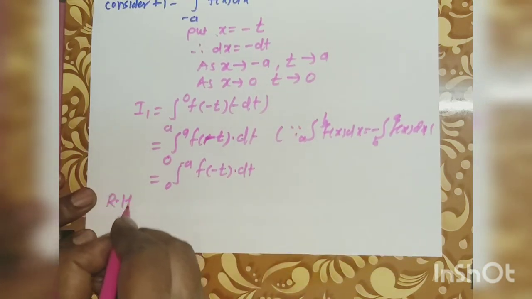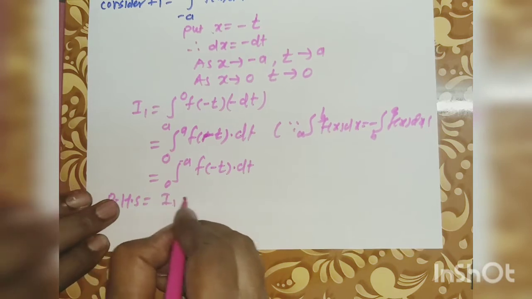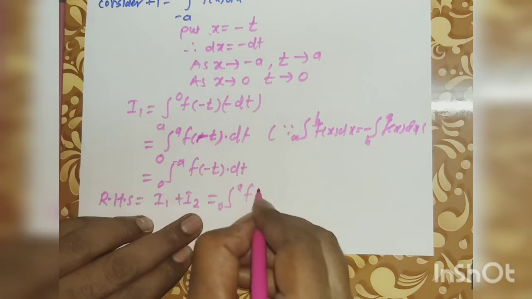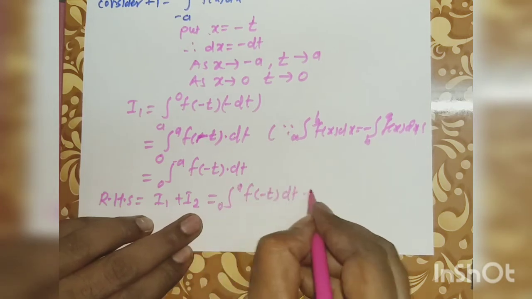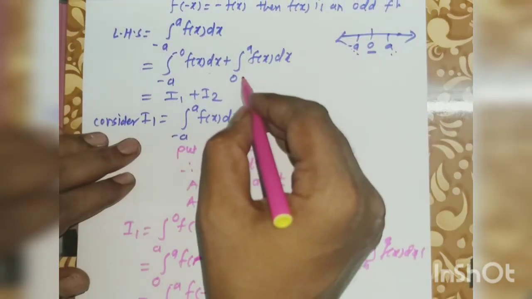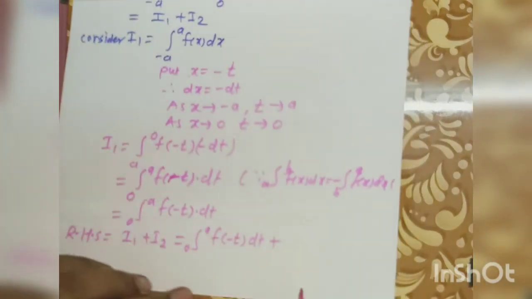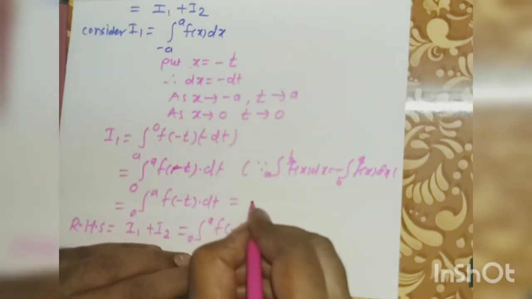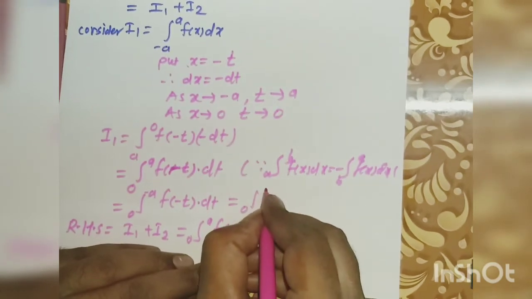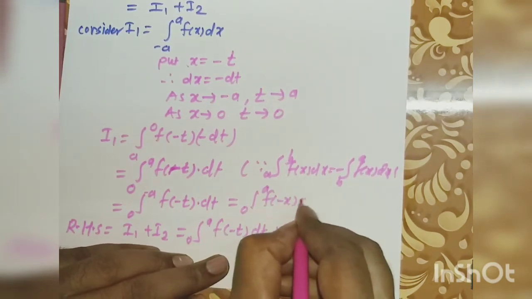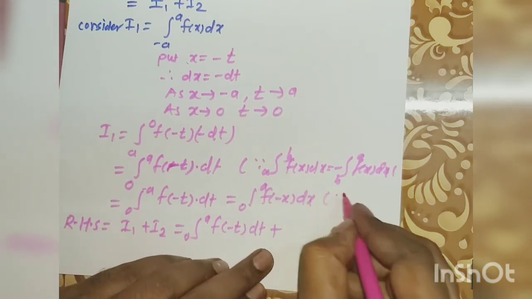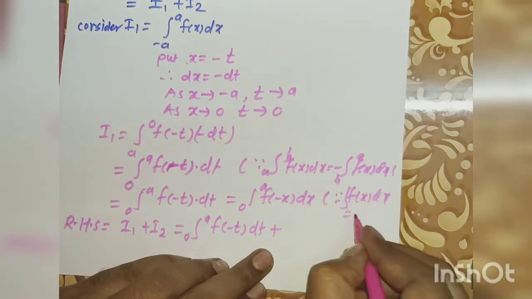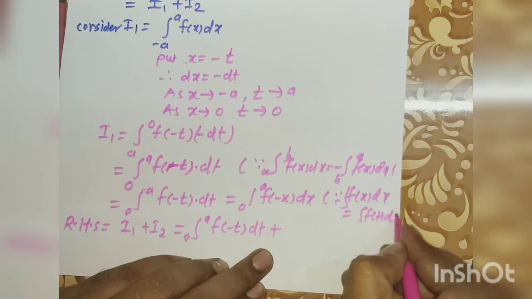Then RHS is equal to I1 plus I2. I1 is 0 to a f of minus t dt plus I2 is 0 to a, limit same, f of x dx. Now here we change the variable also, 0 to a f of minus x dx, since integration f of x dx is equal to integration f of t dt.